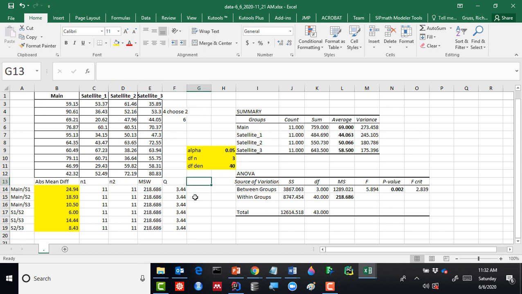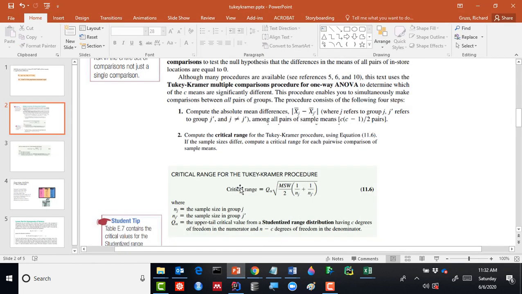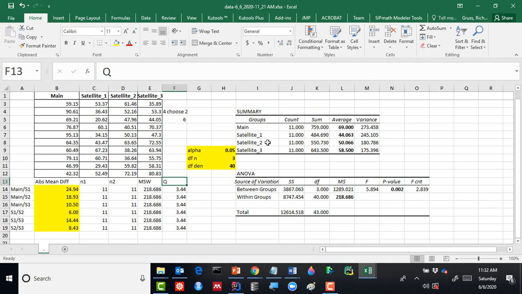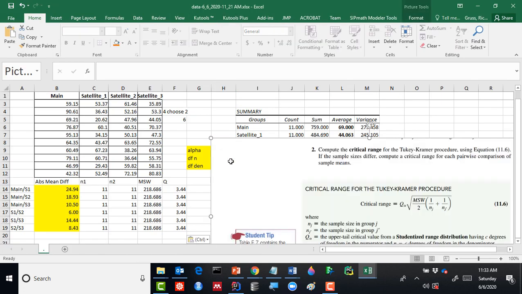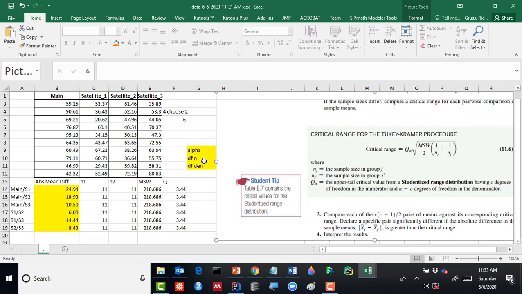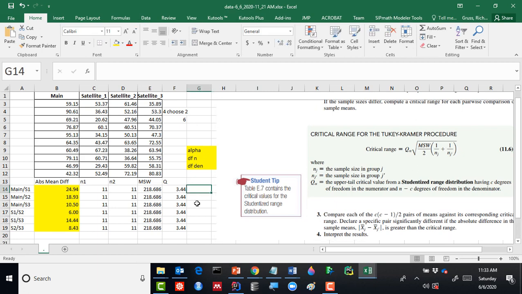Okay, so now all we have to do is figure out what would be this critical range. Okay, and so we just do this calculation. I'm going to go ahead and copy this directly on here so that I can refer to it while I type in. Okay, so this is going to be our critical range.